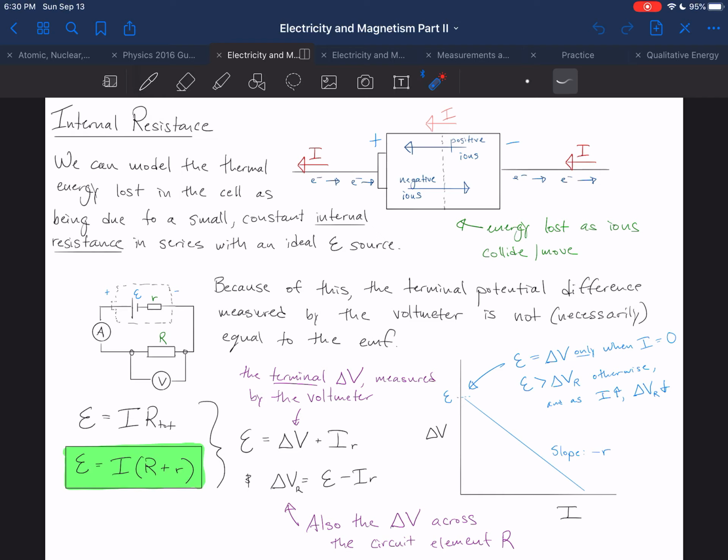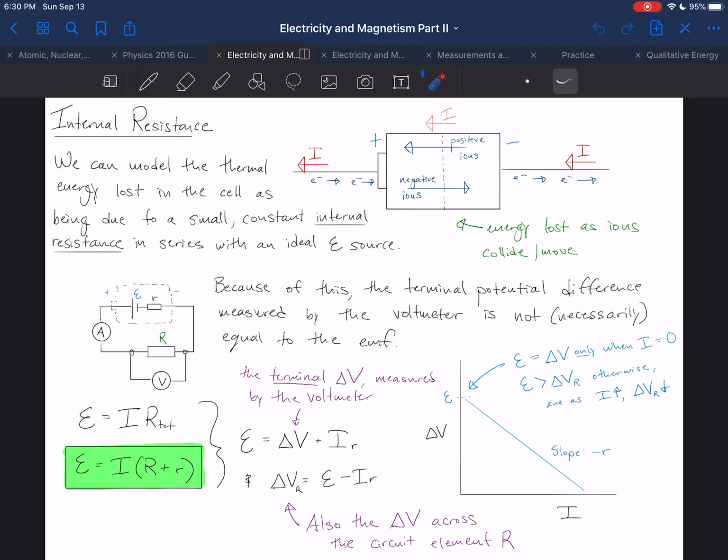Now, consider this particular setup. We model what is going on inside our cell as follows, with that ideal EMF source and that small resistance r, the internal resistance. And then we ask ourselves, in our simple circuit, with our current measured by our ammeter and our potential drop across our external resistance R measured by the voltmeter, what's going on?